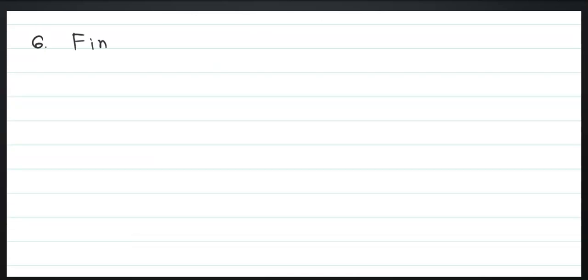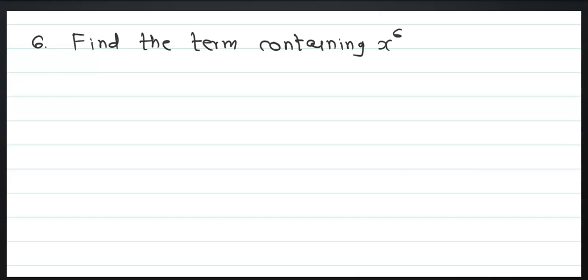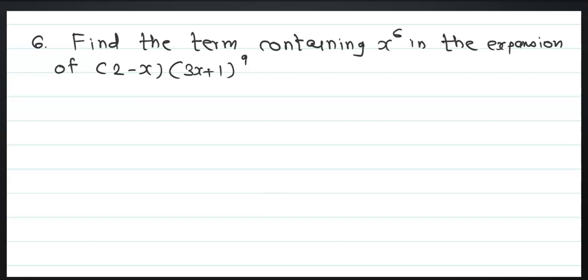Now the next is number 6. Now find the term containing x raised to 6 in the expansion of (2 minus x) into (3x plus 1) bracket raised to 9.